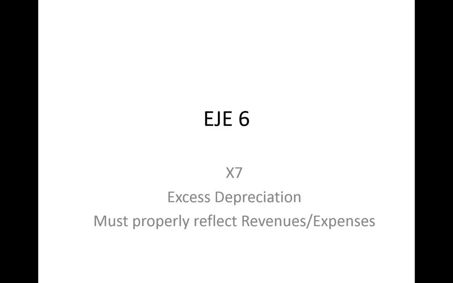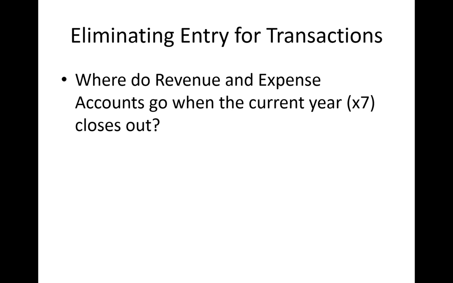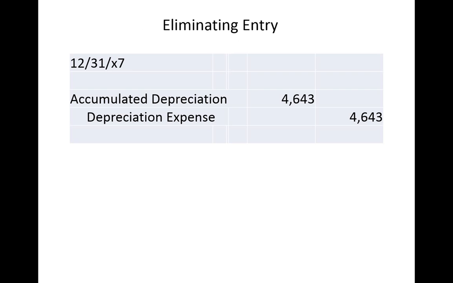So we're going to have to address it each and every year. The first is the depreciation. So again, where do revenue and expense accounts go when they close out? Investment sub account. Well, this is what we did last year. So this represents the depreciation, the excess depreciation entry we made for X7. To fix that for X8, we're going to need to put that into the investment sub account.